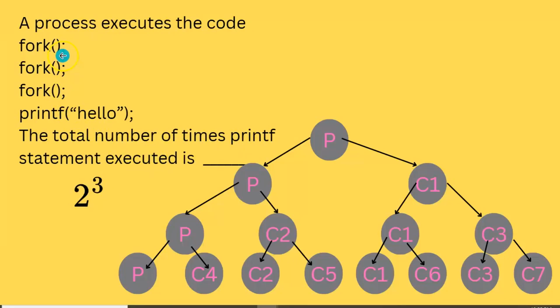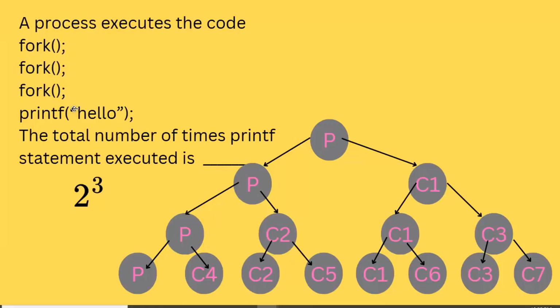Now I will verify whether you have watched Part 1 and Part 2 of fork system call. What is the header file to be included in a C program whenever you want to use this fork system call? And the next question is, what is the function to be used before the printf statement to avoid the problem of copying the output buffer by the child process from the parent process?